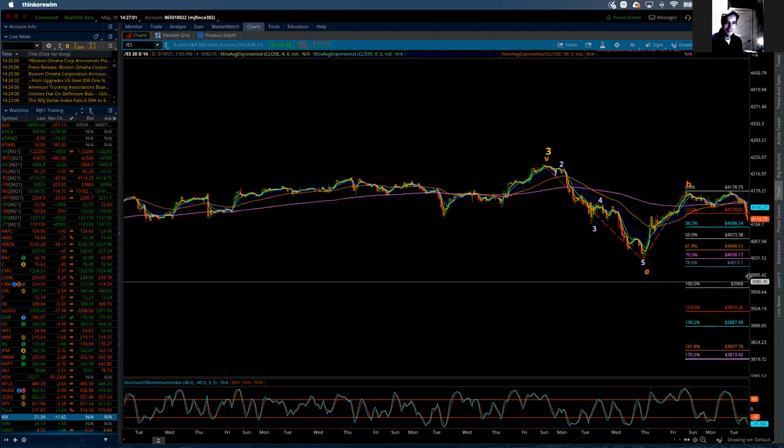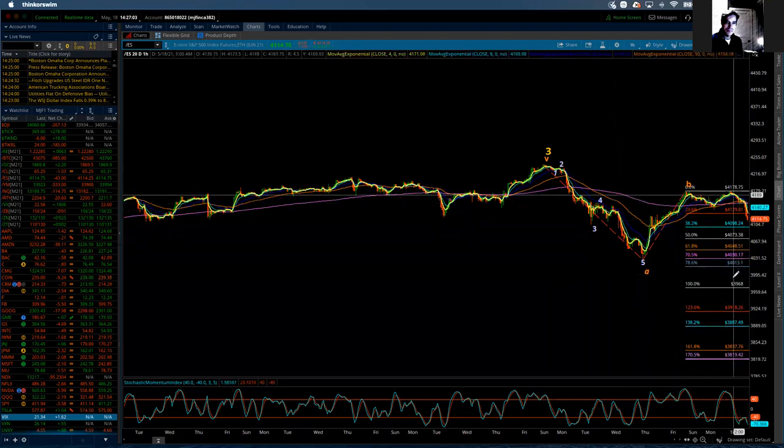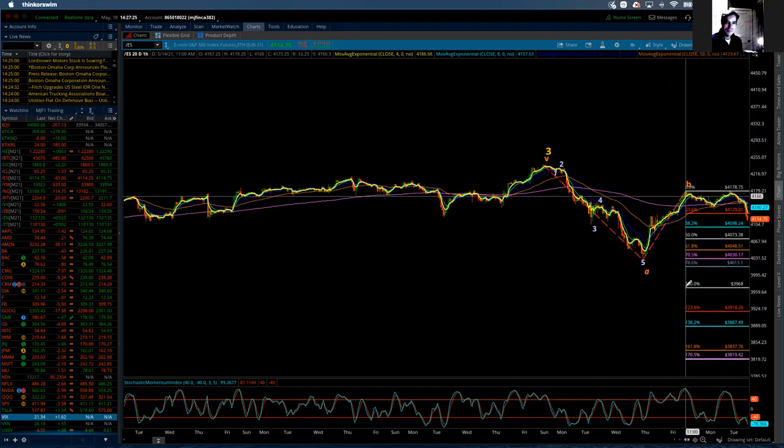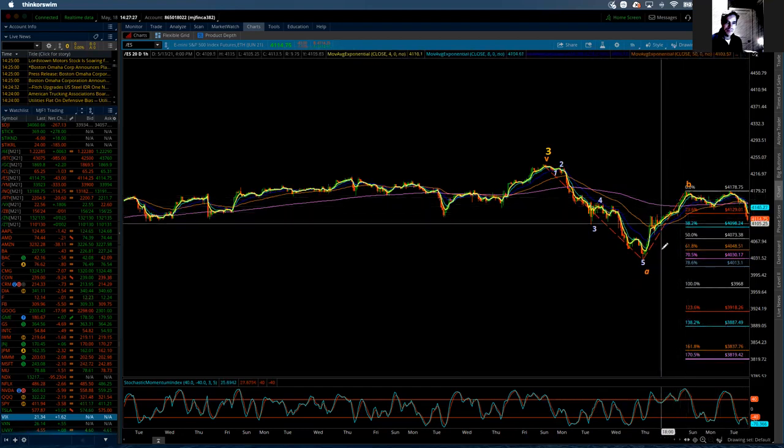So that zone actually goes from 3,970, we'll call it, all the way down to 3,890, I'm going to call it 87, 88 to 90. And that's a pretty big zone, about 70, 80 points.